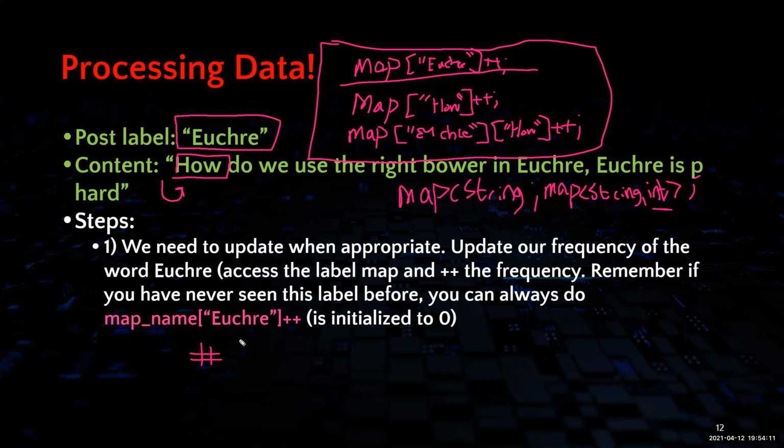Yeah, it's a great point. What's happening here is we're only concerned with how many training posts the word how occurs in is the proper way to ask the question. I might have misphrased it before, but I'm asking for the number of training posts that contain the word how. We don't care that the word how occurs twice.